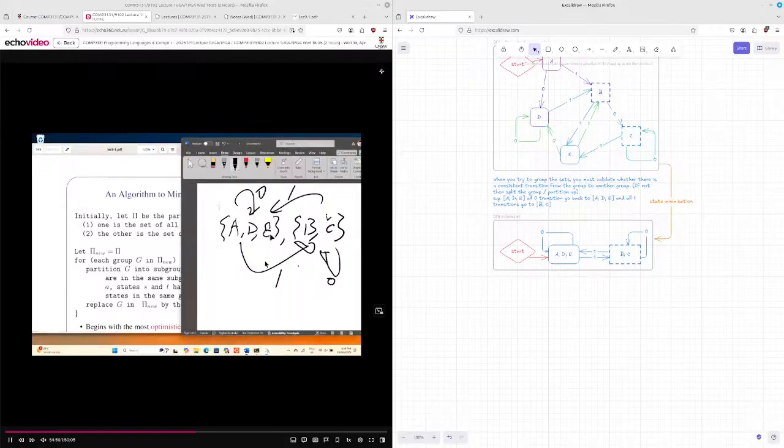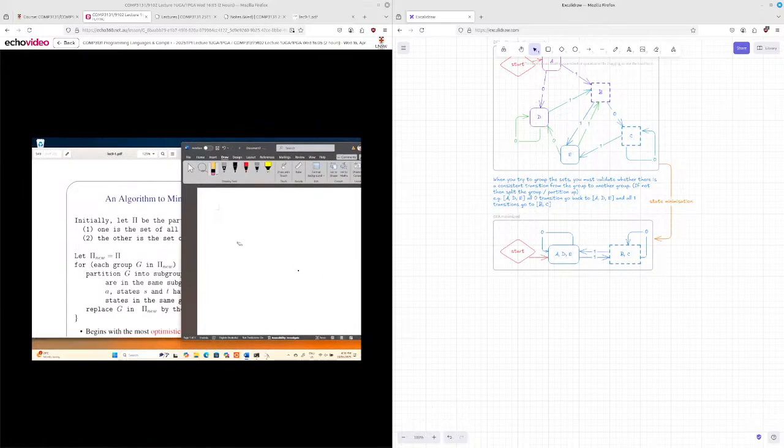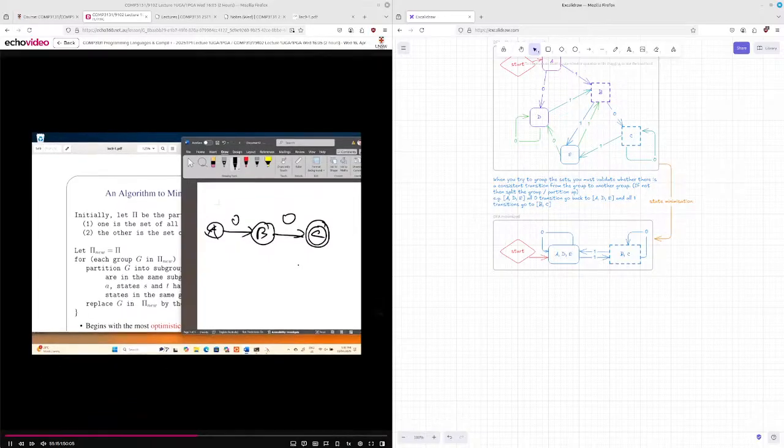Just to give you another example. Here I'm just drawing a very small DFA that accepts only one string, 2 zeros.